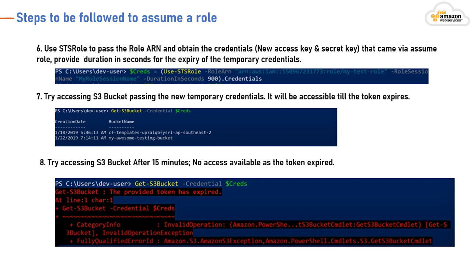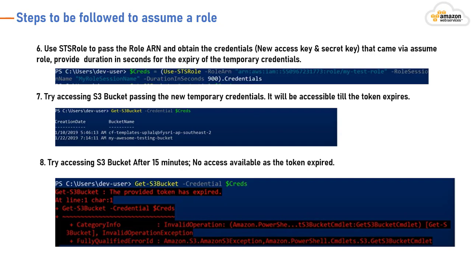You can see the command here. So using the credentials object, you can use STS assume role, passing the role ARN, and the role session name you can assume as my role session name, and with the duration, and pass the ARN into it, and you can see that the S3 bucket is accessible.